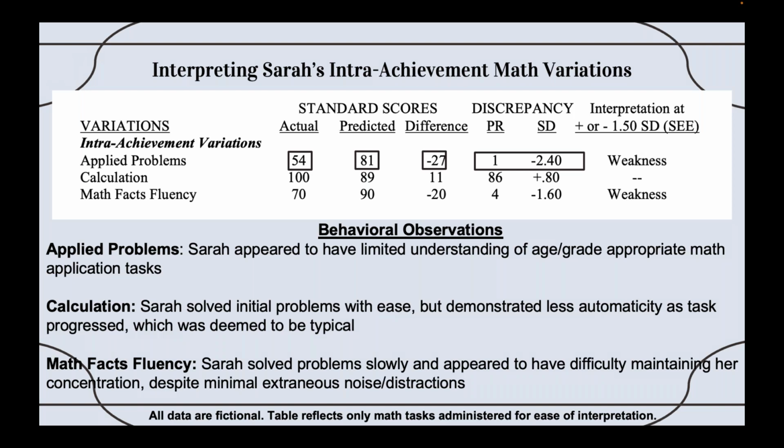So if we take a look here, we see that that negative 2.40 exceeds that value that's listed in the interpretation column of negative 1.50. Because it exceeds that threshold, we can say that this difference that Sarah demonstrated between her actual and predicted performance on applied problems is not only clinically significant, but also statistically significant. So it's likely that that difference did not occur by chance.